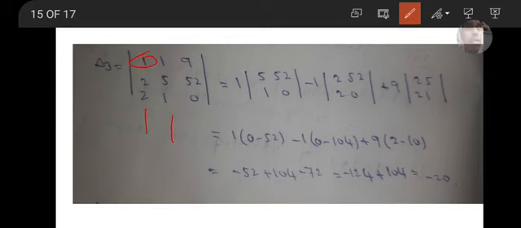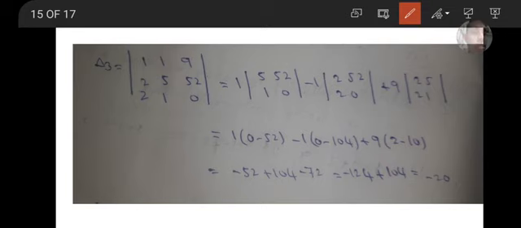So plus 1 into its minor, cancel, 52 1, 0. Next minus 1 into, removing the row and column, that is 2 into 52 and 2 comma 0. Next the third one, plus 9 into, removing its row and column, 2 5, 2 1. So element into its minor.